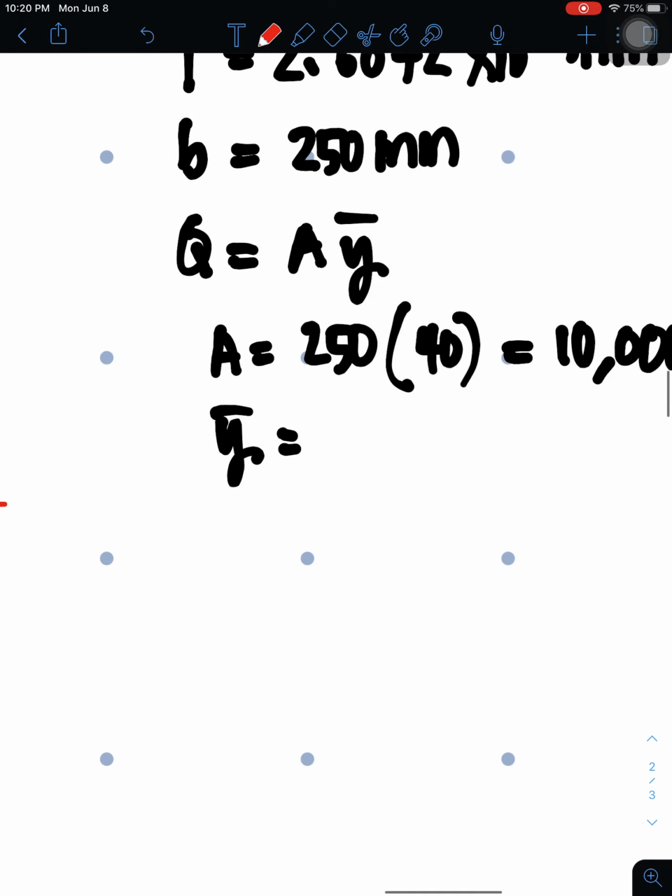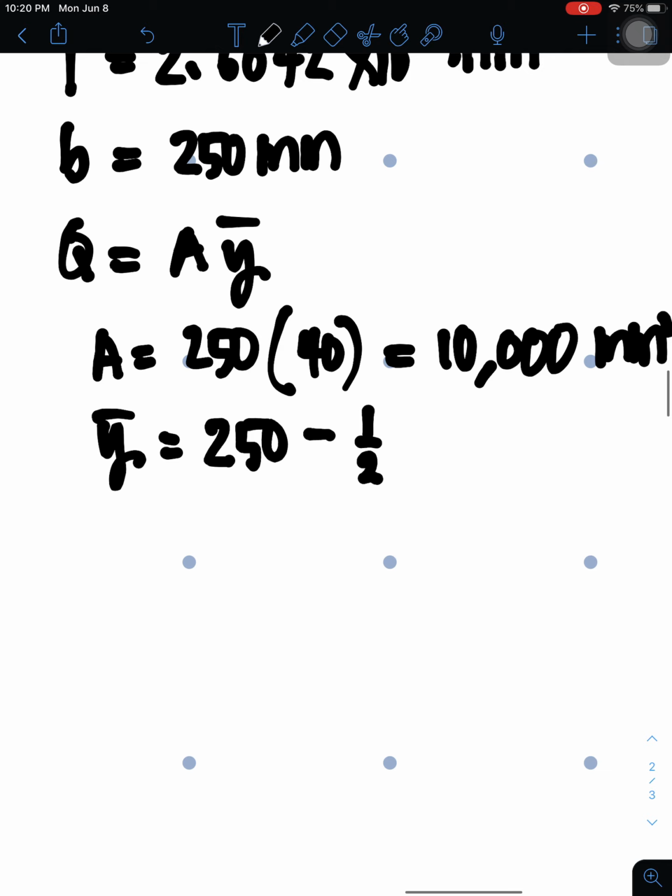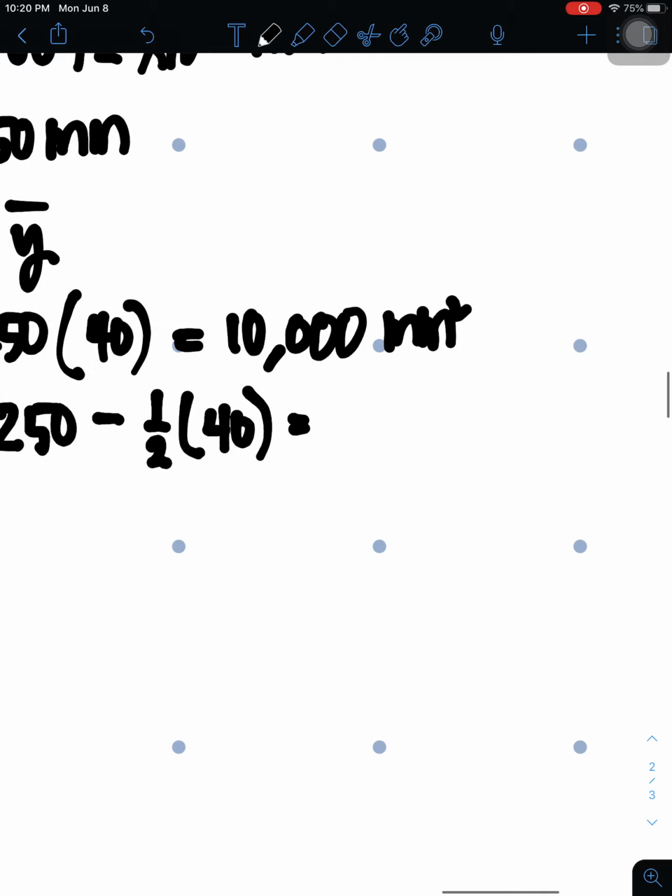Mao na ang barred y. So that's 250 minus 1/2 of 40, and that is equal to 230.